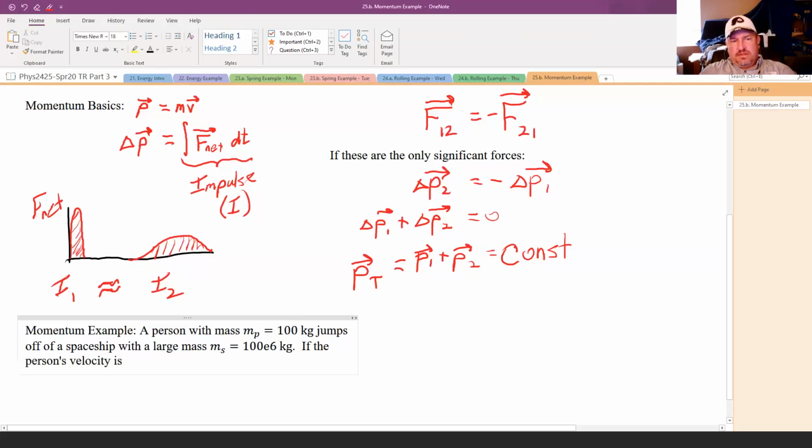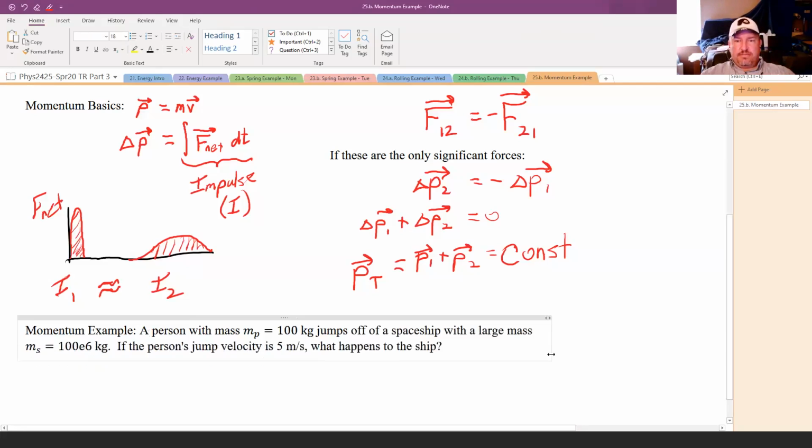If the person's jump velocity is, let's say, 5 meters per second, what happens to the ship? That seems like a reasonable question.